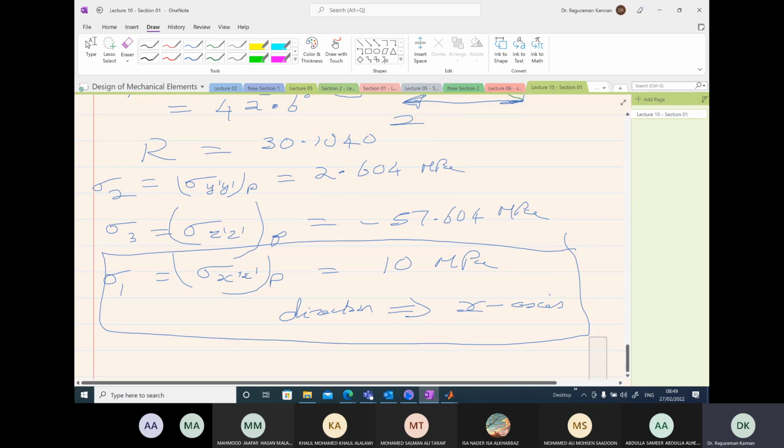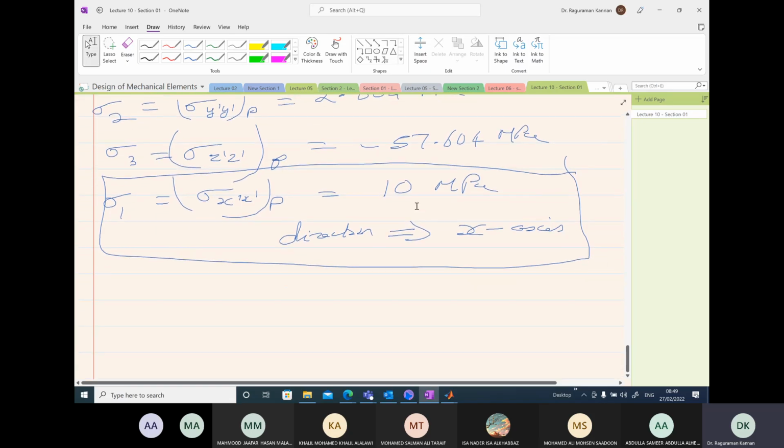So in this case, if I ask you to draw and show me the stress element along the maximum principal stress direction, how will you show that? In 3D, how are you going to show that? Since it is along the x direction, you will draw two squares. So for example, here we draw the x-axis, the original x-axis, y-axis.